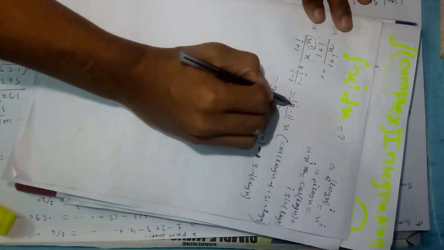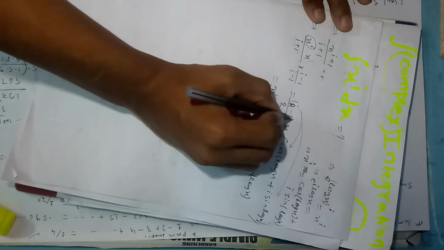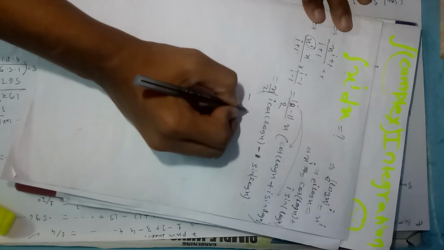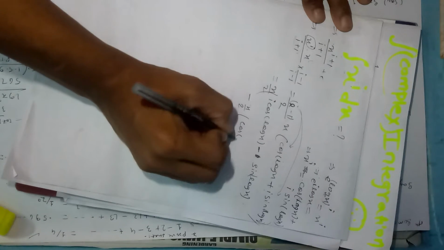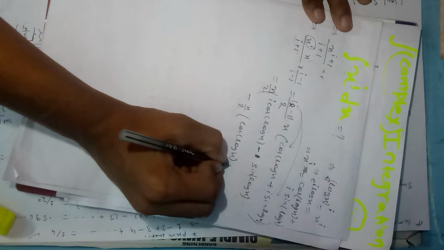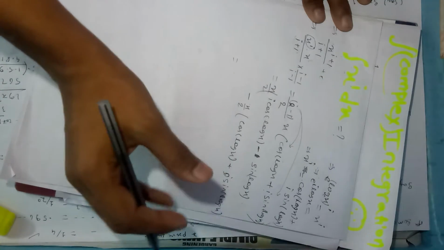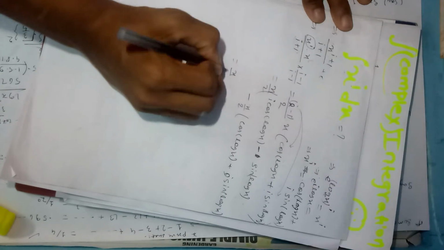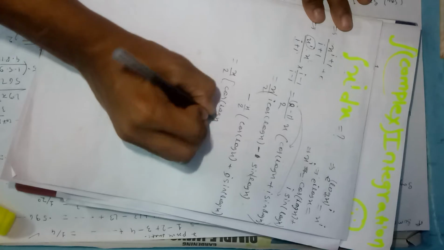Then multiply minus 1 into cos log x plus i sin log x, giving minus x by 2 into cos log x plus i sin log x.